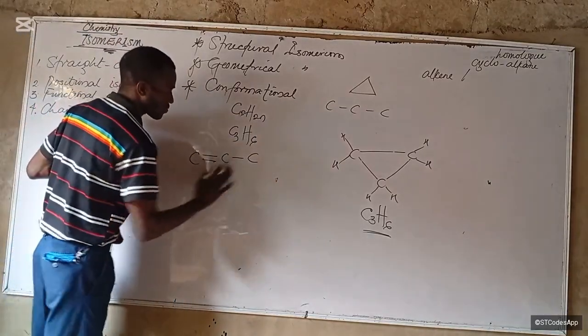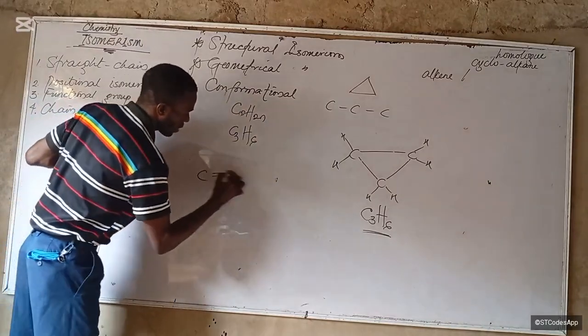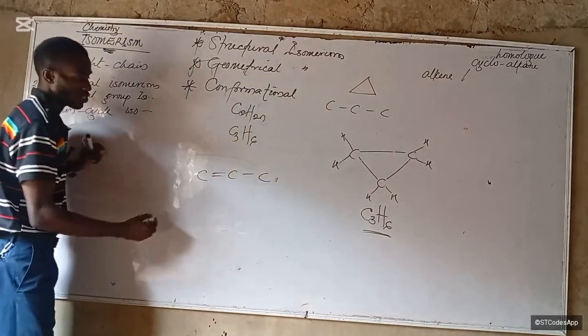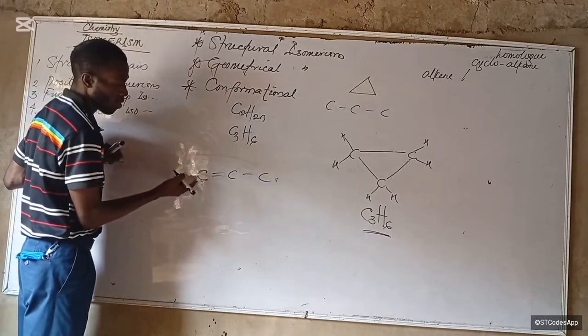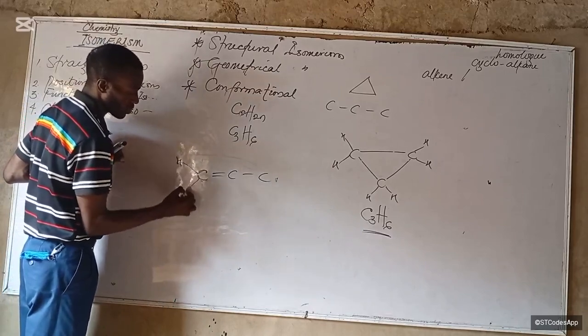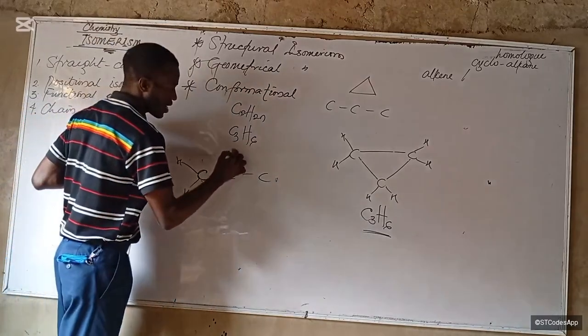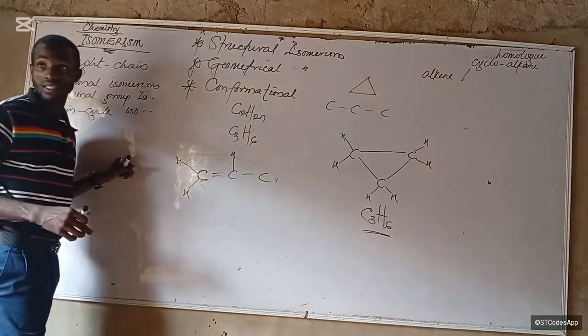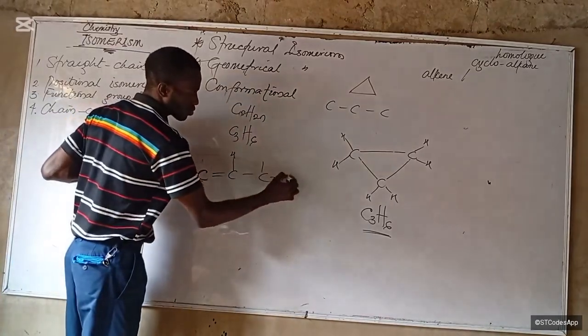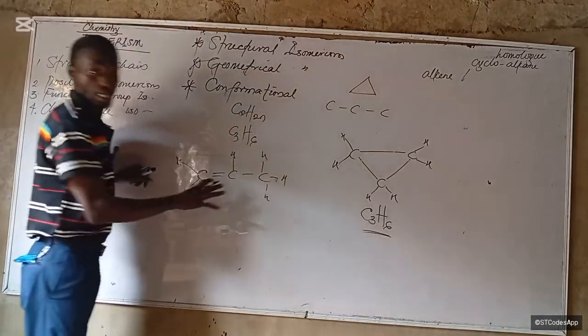So let's add our hydrogens. We have 1, 2. How many would this one need more? 2. So we'll put them at an angle like this. So this one, 1, 2, 3, 4. Does that make sense? Then this one will have 1, 2, 3. Is that clear?